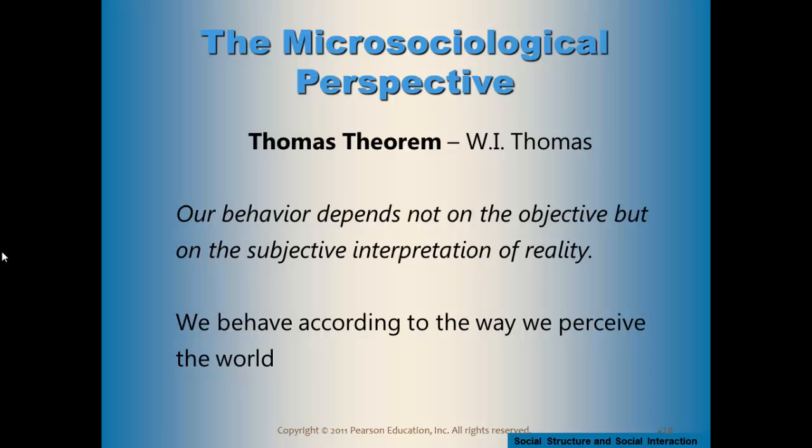What is real is really real because we agree it's real, but everybody doesn't necessarily agree that way. So keep that in mind. Our behavior depends not on objective, but on subjective interpretations of reality, what we believe inside. That's some of the most basic elements when we look at microsociology and macrosociology.